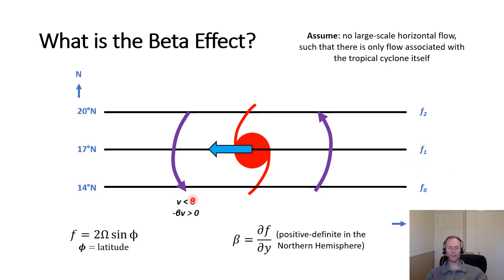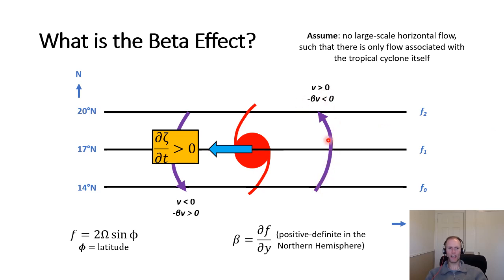So specifically, if we look at this quantitatively, the meridional component of the wind to the west is negative. It's directed along the negative y-axis. So V is negative. Beta is positive. So leading negative times negative gives us a quantity that is positive. In other words, our cyclonic vorticity, relative vorticity, is increasing to the west. On the east side, the opposite is true.